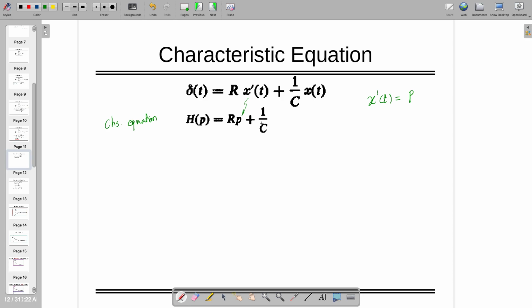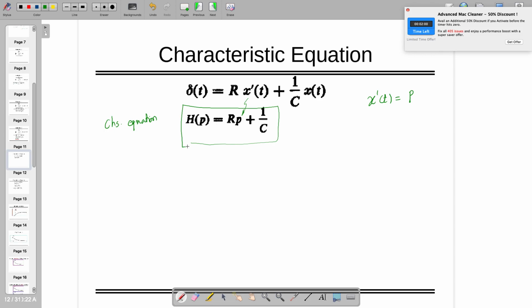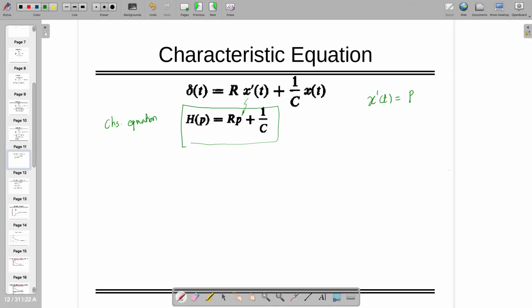So Rp plus 1 by C. So can you find out this equation's solution? This kind of differential equation is known as linear, by the way, right? If you remember, if it is first order, it's linear. If it is more than first order, it's non-linear.